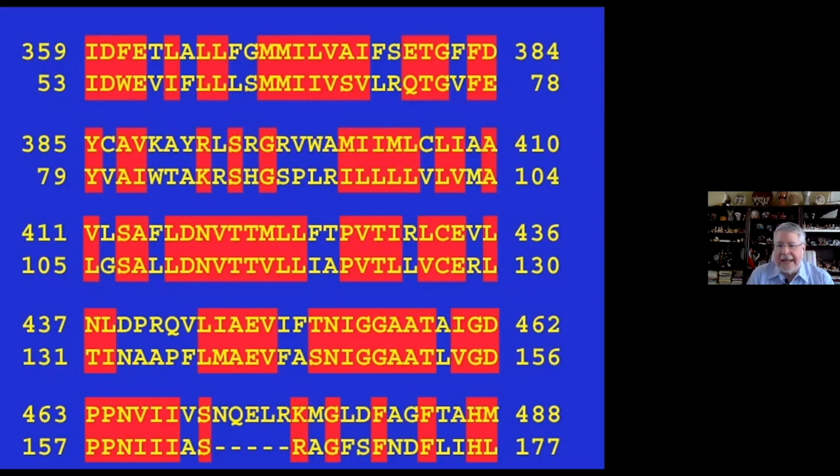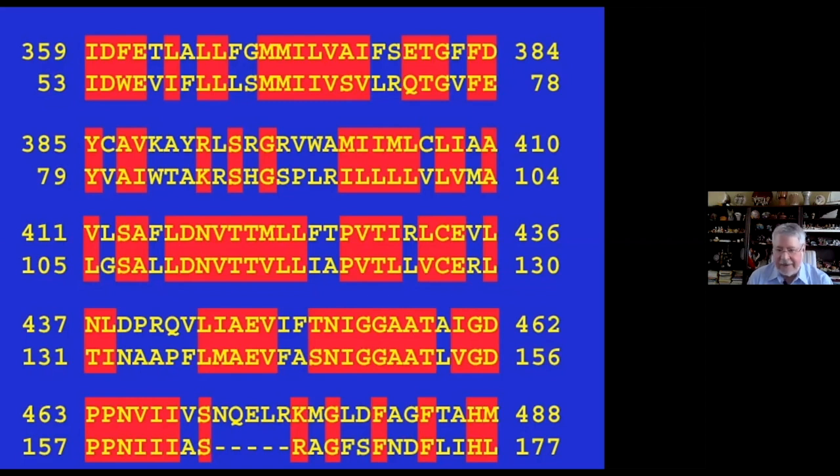This is looking at the amino acid sequence of the OCA2 protein compared to the amino acid sequence of a gene found in microbacteria. So microbacteria are a type of bacteria that account for things like tuberculosis and leprosy.